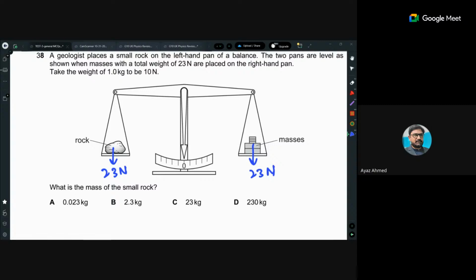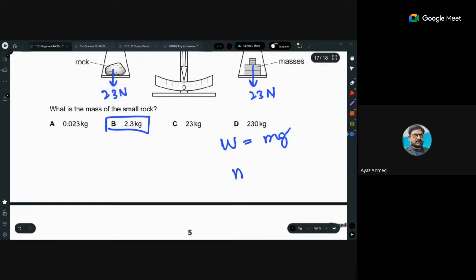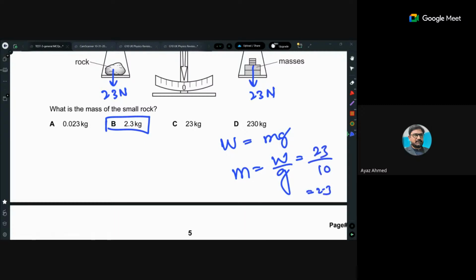What is the mass of the small rock? So when it is 23 Newton, for 1 kg the force is 10 Newton, so it means it is 2.3 kg. ये सीधा क्वेश्चन है. W is equals to mg and m is equals to W divided by g. So weight is your 23 and g is given 10, so it would be 2.3.